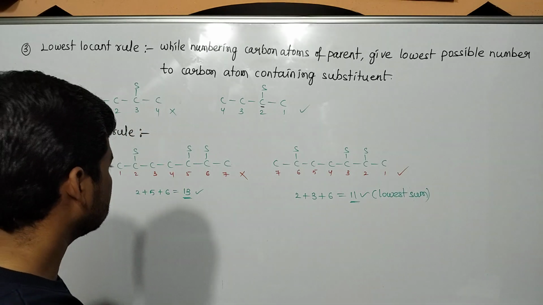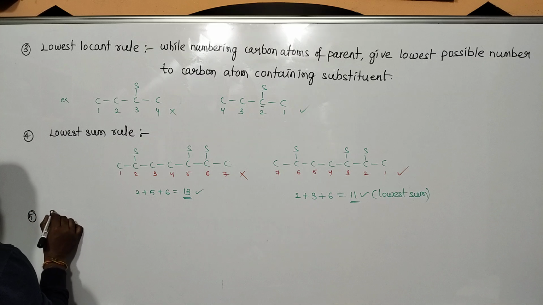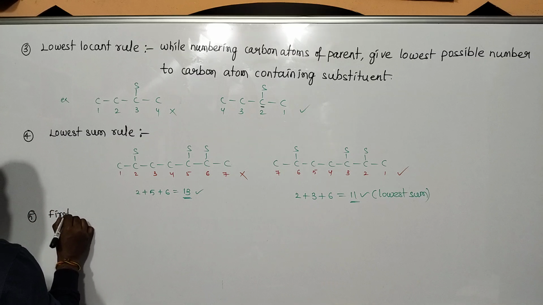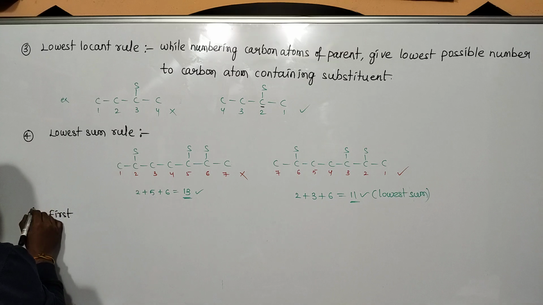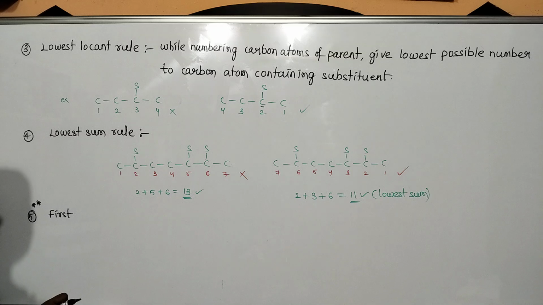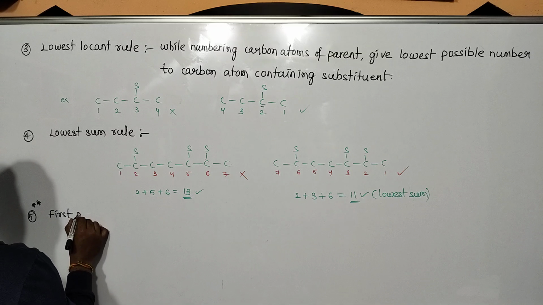So I am telling you that the first point of difference rule includes this rule also. That means there is no significance for this one. Lowest sum rule has no significance because I will explain with the first point of difference rule.